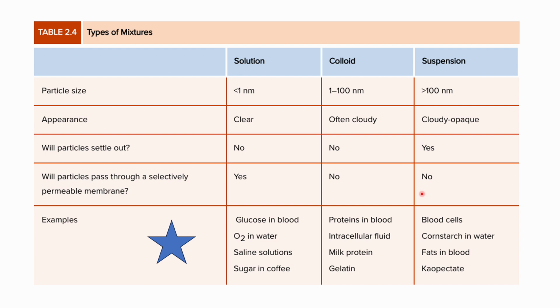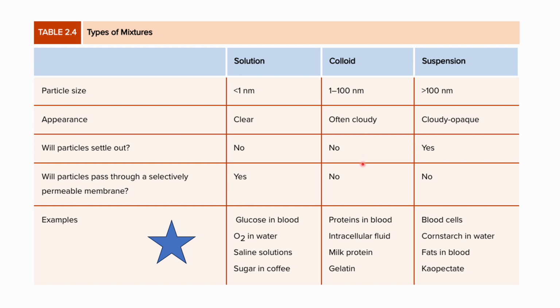Some examples of solutions are glucose in blood, oxygen in water, saline solutions, and sugar in coffee. These are examples of solutions. Examples of colloids: proteins in blood, intracellular fluid, milk protein, and gelatin. They're often cloudy in appearance.